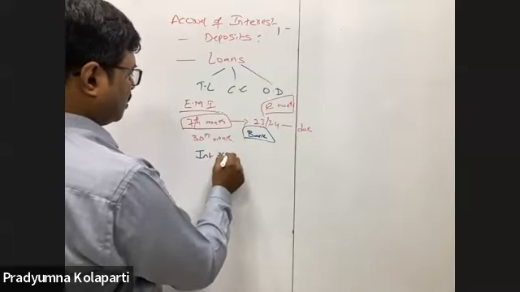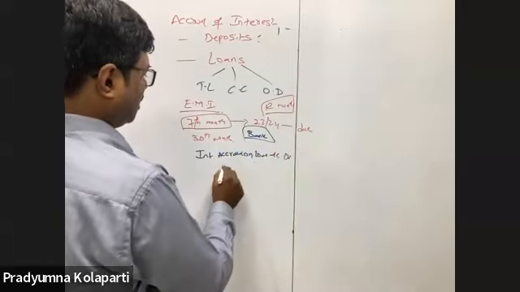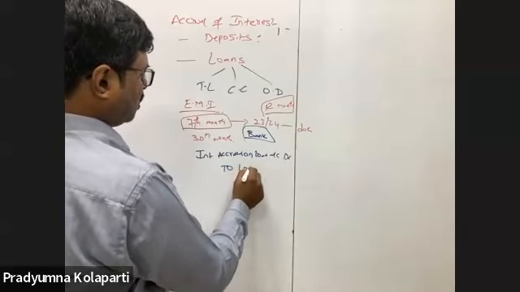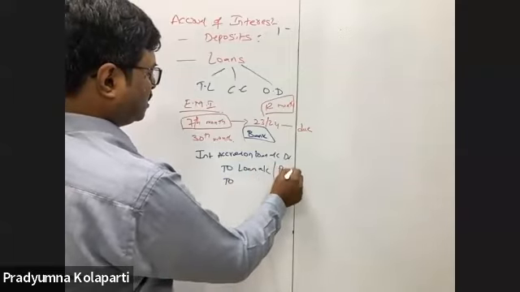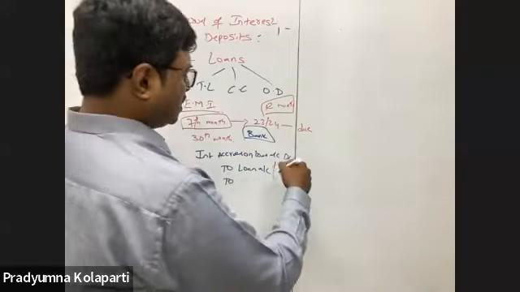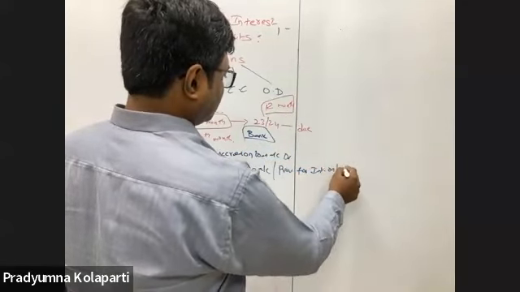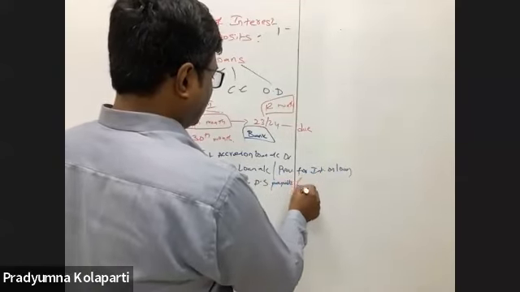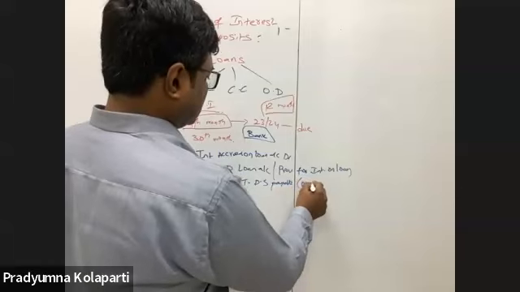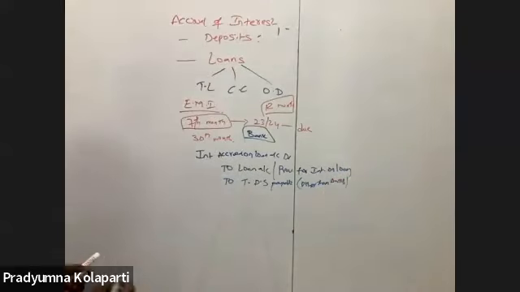Interest accrued on loan account debit to, or you can say provision, because if you take loan account, then your closing balance will not match. Provision for interest on loan to TDS payable. TDS will not apply if it is a bank. Otherwise, 194A TDS will apply.